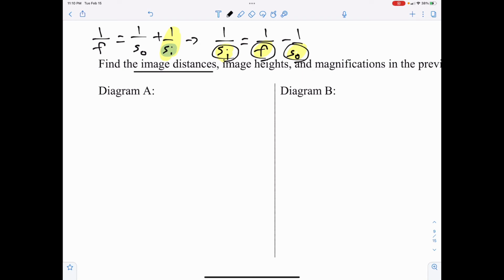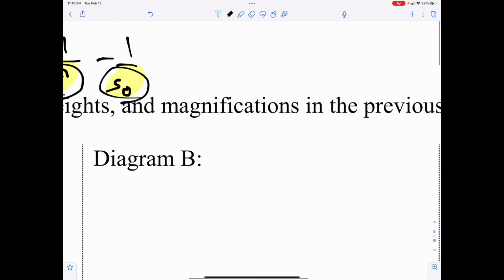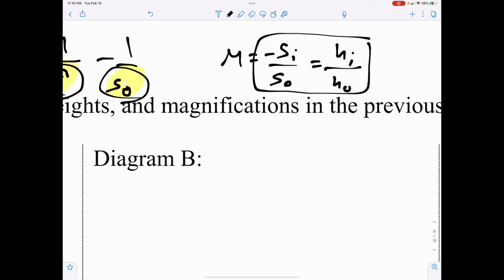Now, to find image height, you can use your magnification equation. If magnification is equal to negative SI over SO, but it's also image height over object height, you have a proportion that you can use.